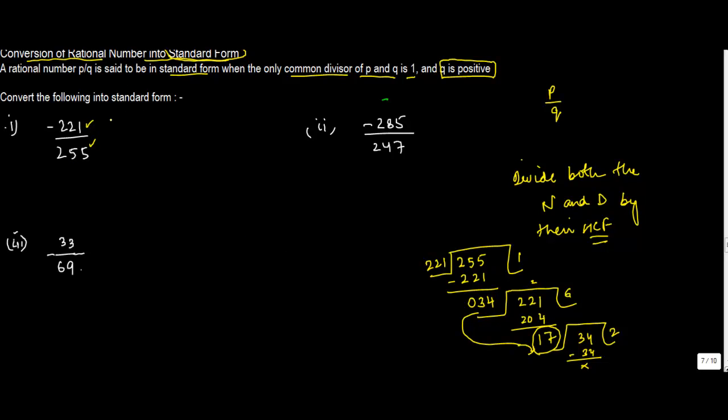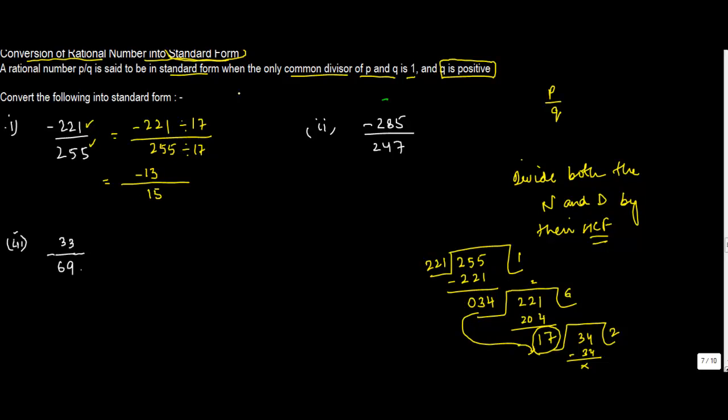So we divide both the numbers, minus 221 divided by 17 and 255 divided by 17. If you divide 221 by 17, you will get 13. This is with a minus sign, so we put in a minus here. Similarly, if you divide 255 by 17, you will get 15.